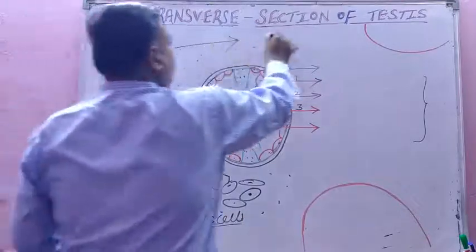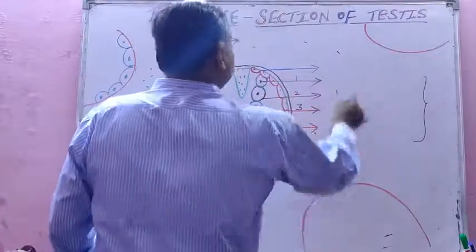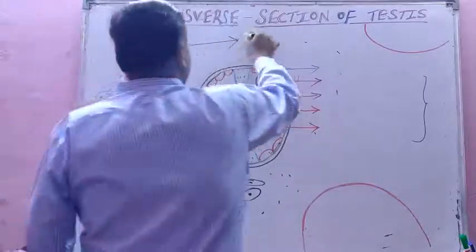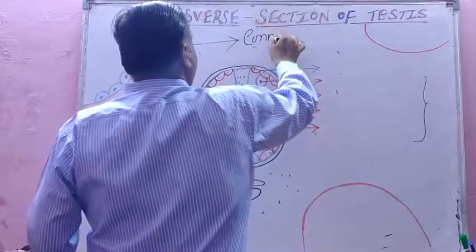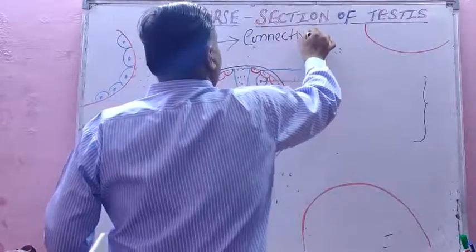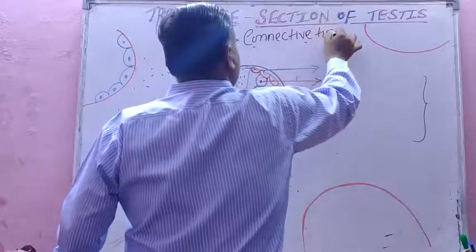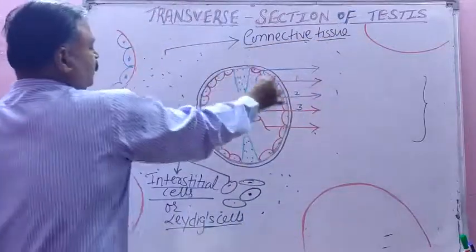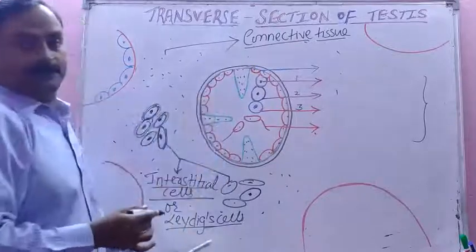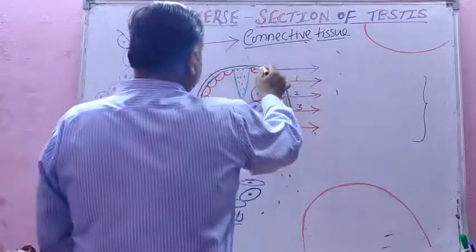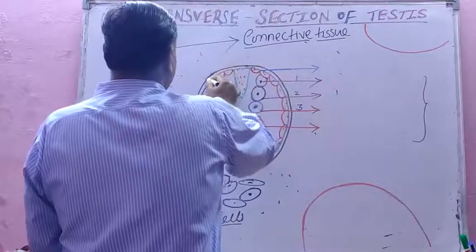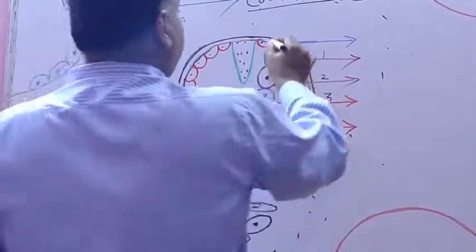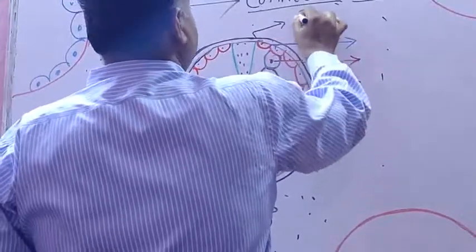And all these are connective tissue, isn't it? There will be no vacuum. Imagine the TS of testis. Now let us see one seminiferous tubule TS in detail. You see this black line, this circular black line is one seminiferous tubule.